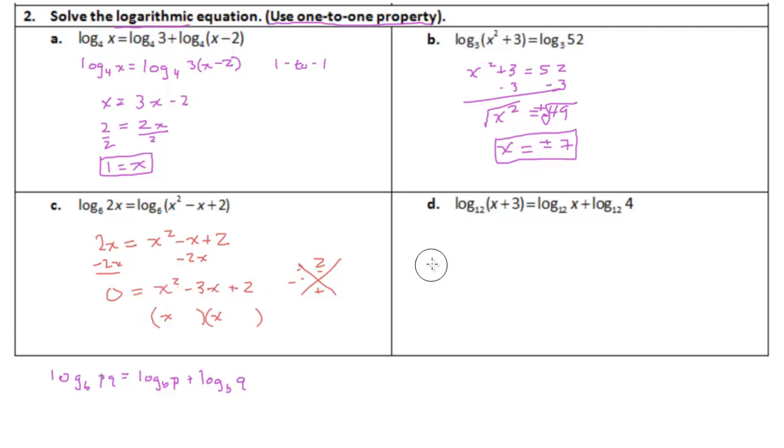Oh, yes. Sorry, I had a little brain fart there. This adds up to be negative 3. So negative 2 and negative 1. So x minus 2 and x minus 1 equals 0. So now x would be 2 or x would be 1.